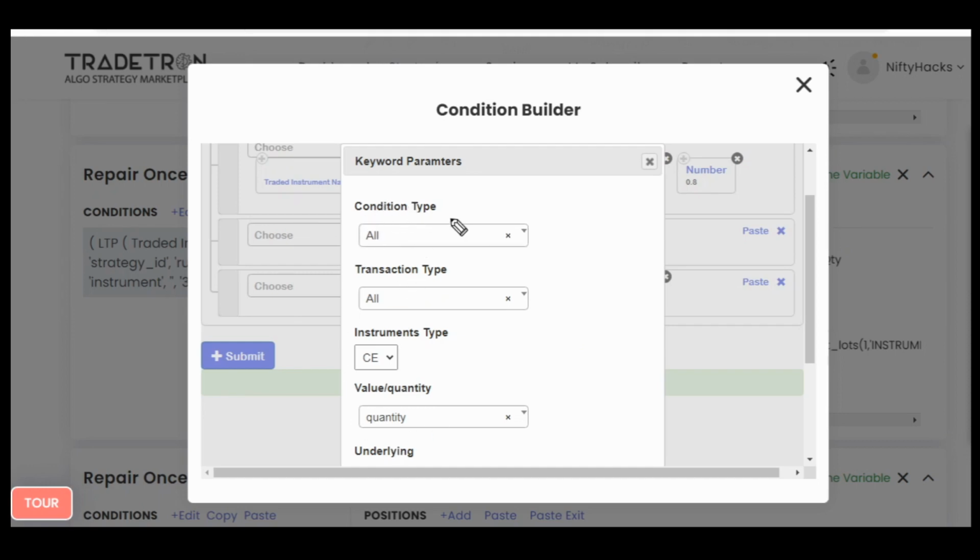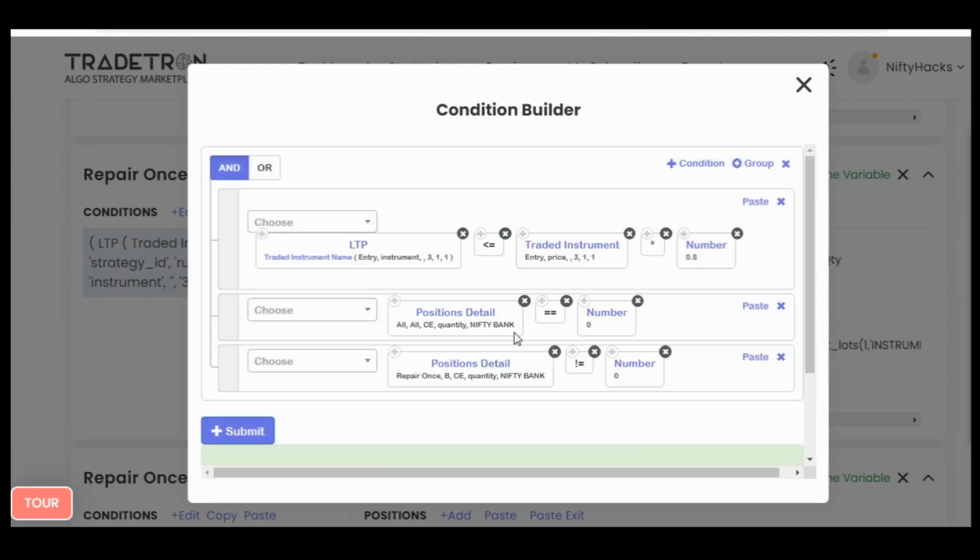So this condition will give us one call sell leg and one hedge call leg, so their combined net quantity will currently be 0. That's why we are using all call quantity is equal to 0.